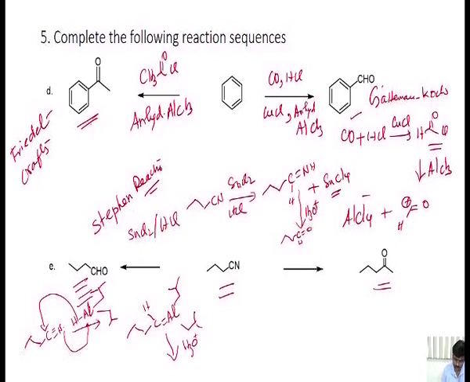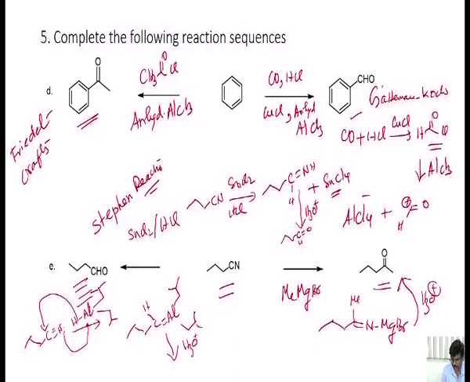On the other hand, when you react with the Grignard reagent, methyl magnesium bromide, it can undergo addition reaction with the nitrile group to produce this imine derivative, which when you treat with water, will be converted into ketone.